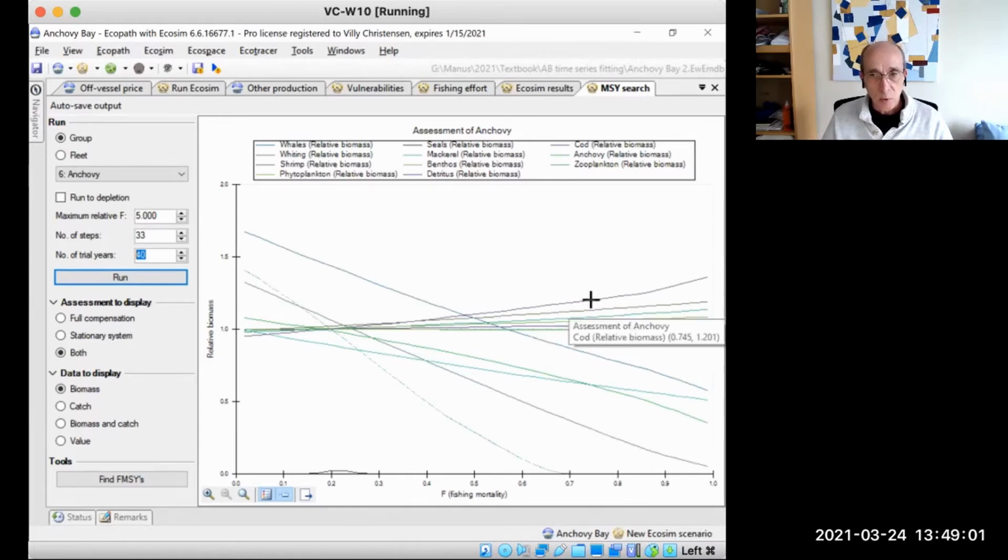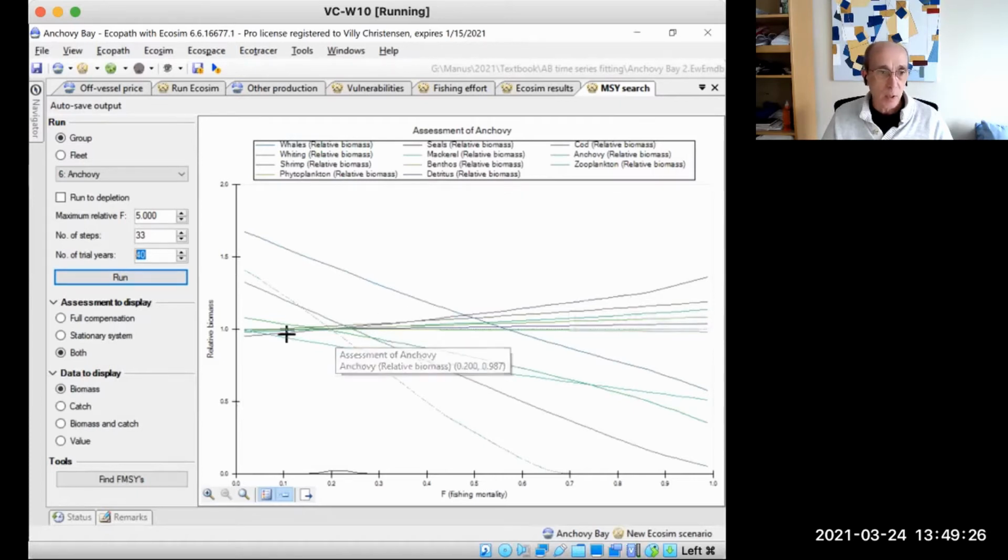And that's also why cod is increasing. That's because whiting would be eating small cod. And when you reduce the anchovy, which is not that important for cod in this model, in Anchovy Bay, then cod actually increases because of it. So that's one thing you can get out of just looking at the biomasses.